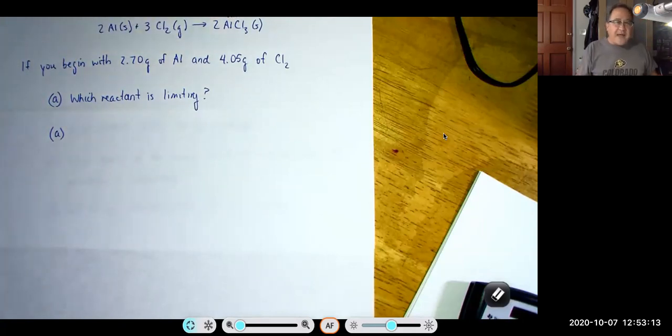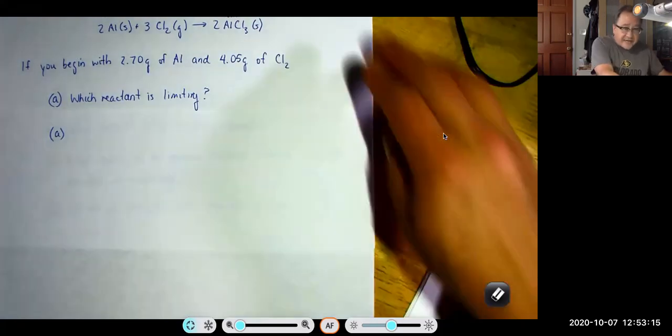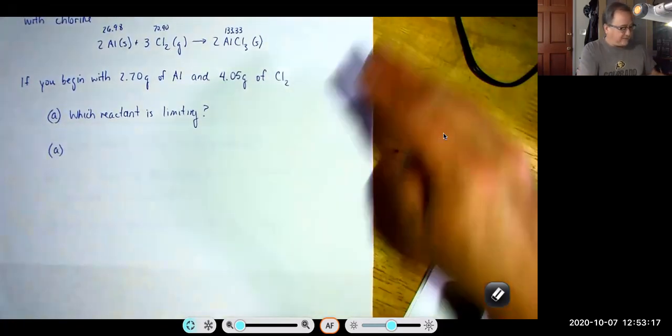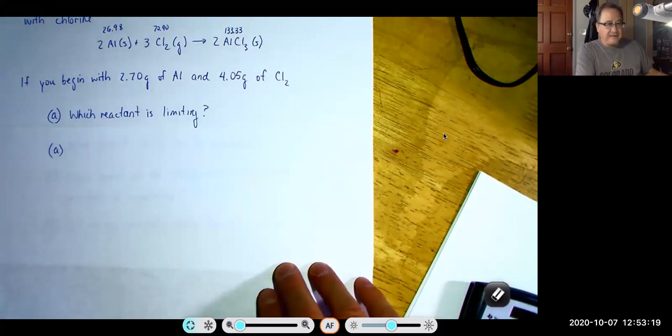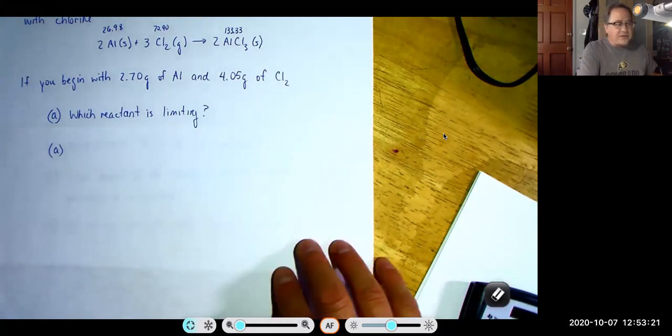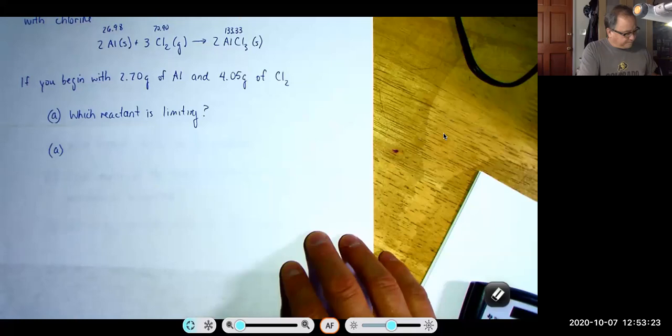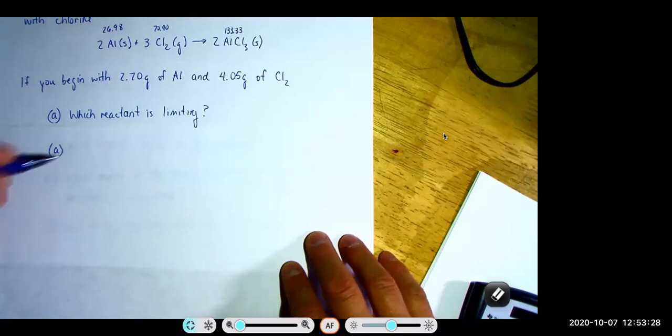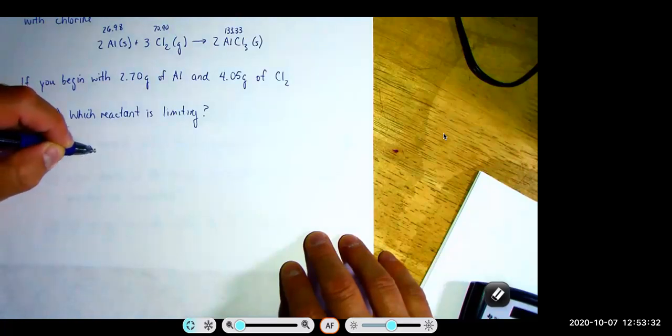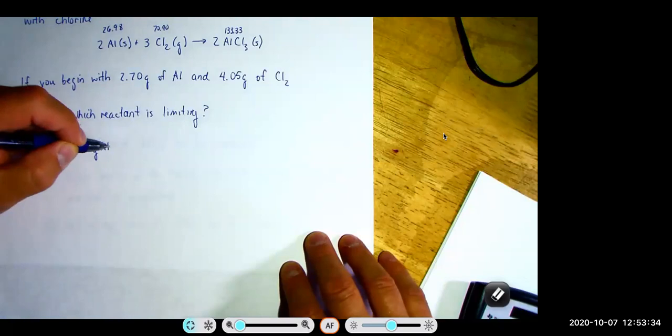So those are the molar masses of the three things. So what do you want to start with first? We said the aluminum. So 2.70 grams of aluminum.